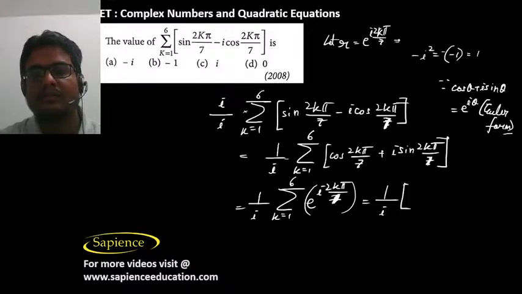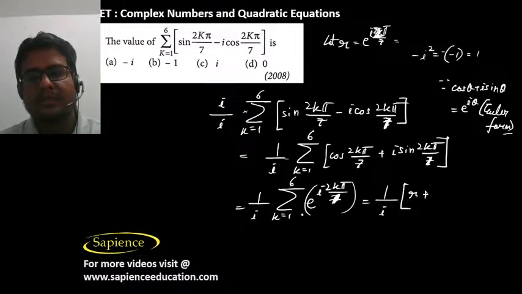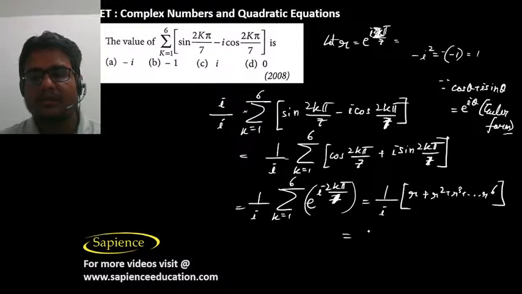If we put k equal to 1, that is r, and for k equal to 2, that is r square, then r cube, and so on up to r power 6. So we can take r as common: r by i into, since 6 terms are there, (r power 6 minus 1) by (r minus 1).